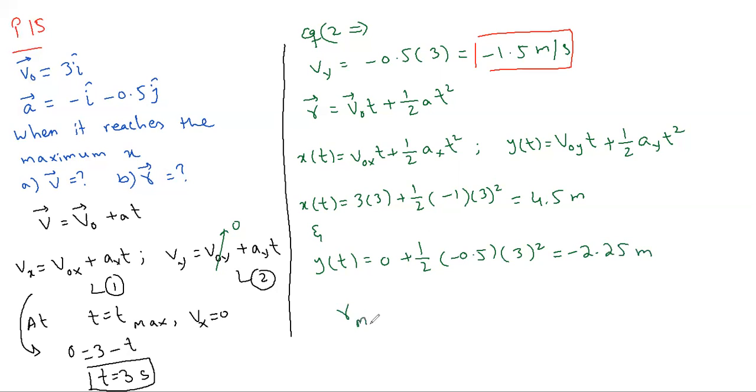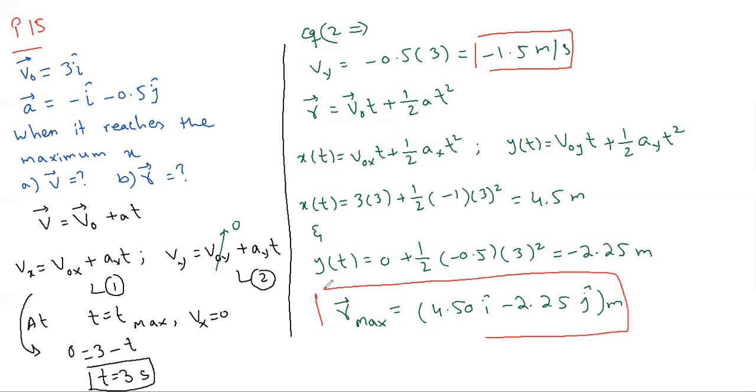So R maximum will be 4.50 i hat minus 2.25 j hat in units of meters. This is how we can find different kinematical quantities at the maximum location.